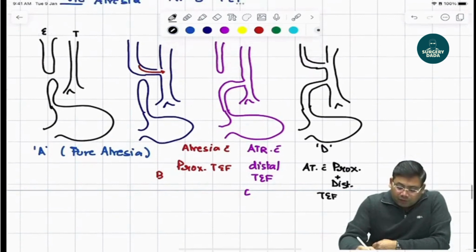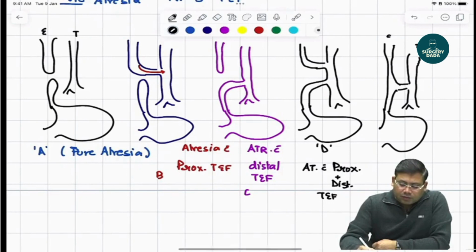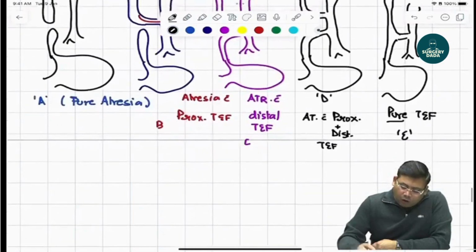And then we have no atresia. Just see, the esophagus is absolutely normal, but the problem is that they have a fistula with the what, students? Trachea. This is the trachea, this is the esophagus. So this is pure TEF, and this is type E, or you can say type H because of its shape.